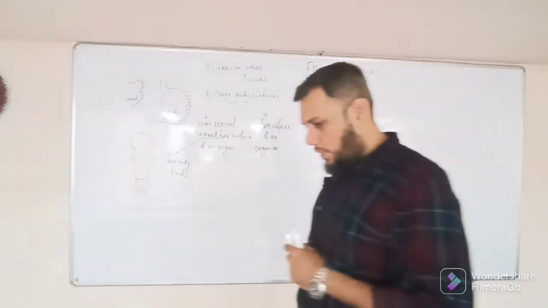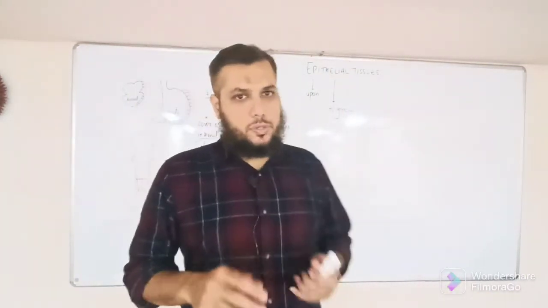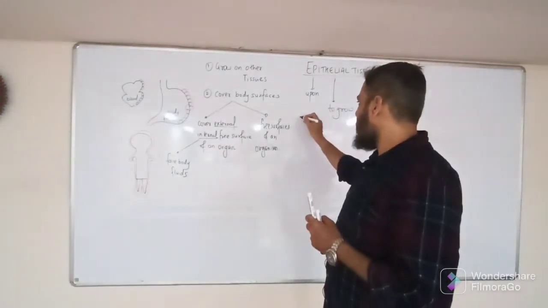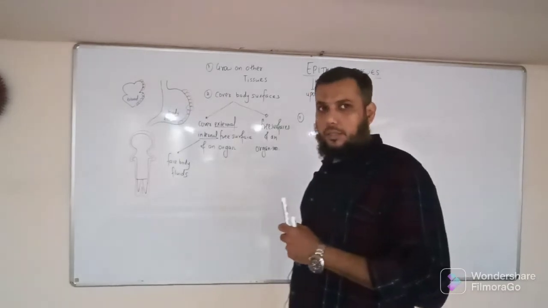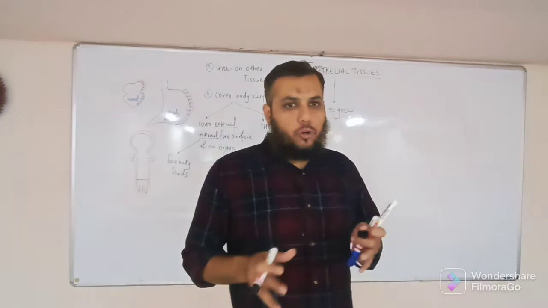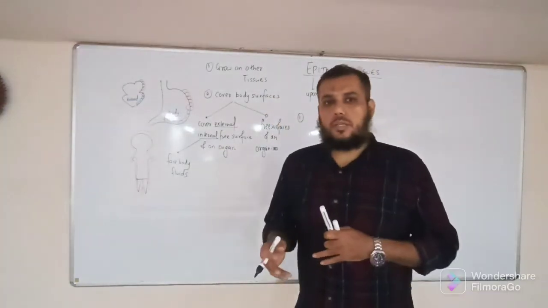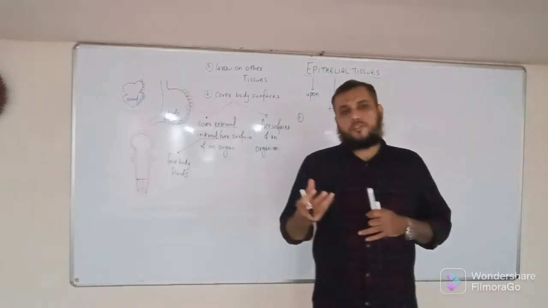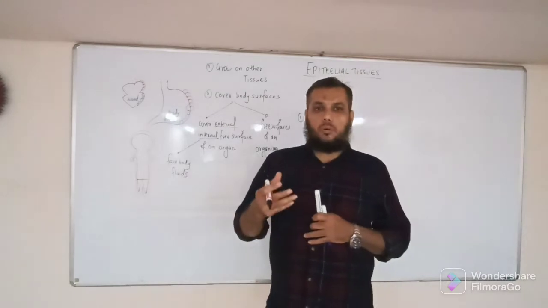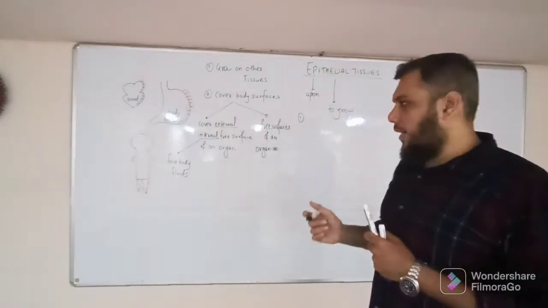Now let's continue forward and let us discuss some of the properties of the epithelial tissues, some interesting properties which make it strikingly different from the other tissues in your body. As I have told you in the previous lectures, a tissue is a group of cells performing a common function, having a common origin, and the space between the cells is called the intercellular space.